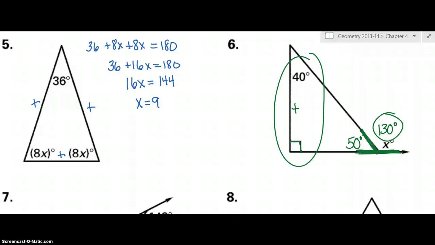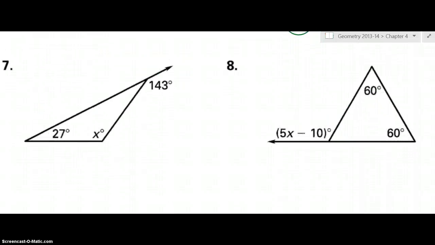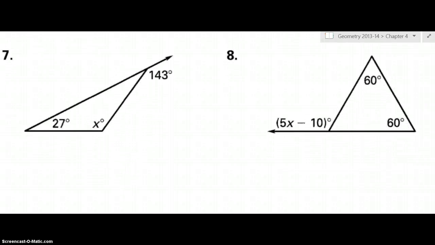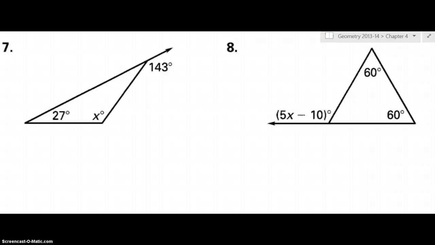All right, so let's look at number 7. So the answer was what, 130? Yes. Looking at number 7, this angle has to be equal to these two angles together. Those add together to give you that exterior angle.